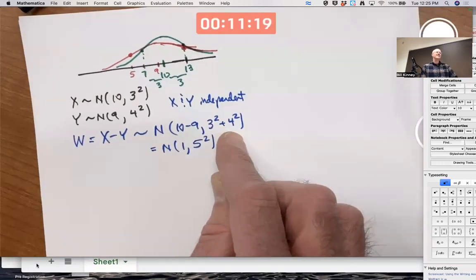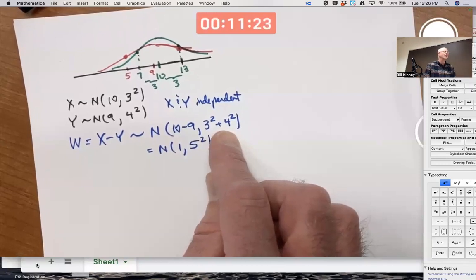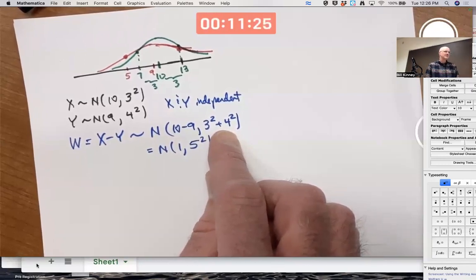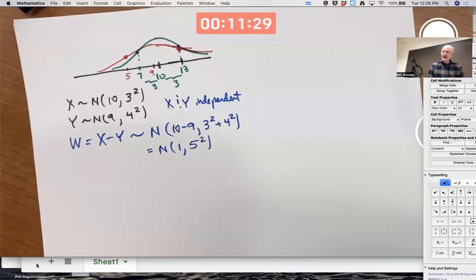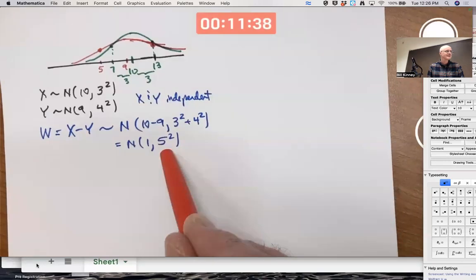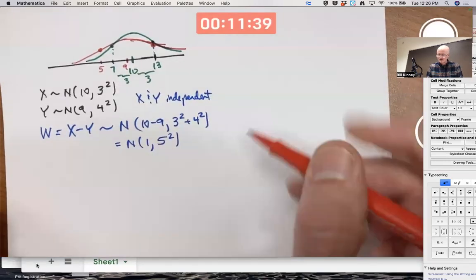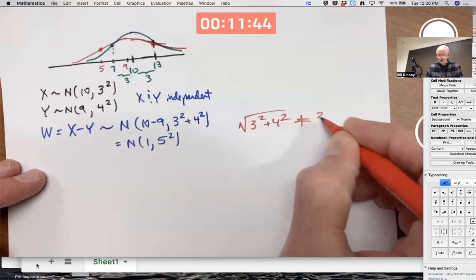It couldn't be subtracting because if you subtracted them, you'd get a negative variance, and that's not possible. It does turn out you add them. You don't add the standard deviations, though, right? The standard deviation is not 3 plus 4. It's not 7. It's 5. Of course, the square root of 3 squared plus 4 squared does not equal 3 plus 4.